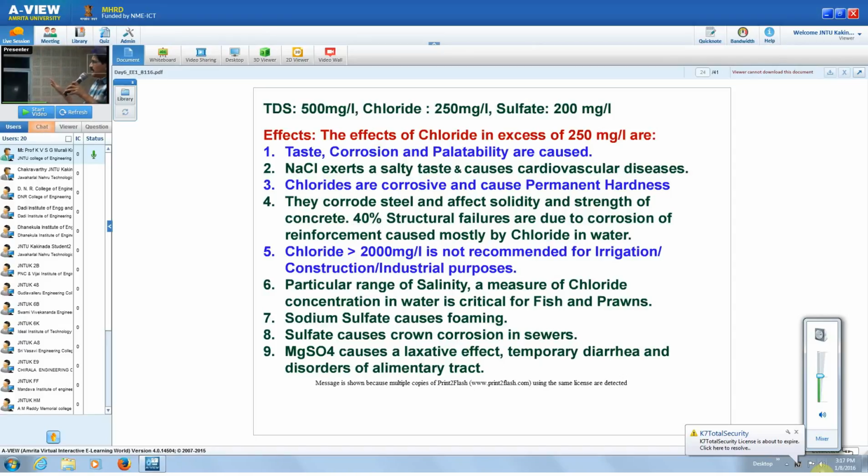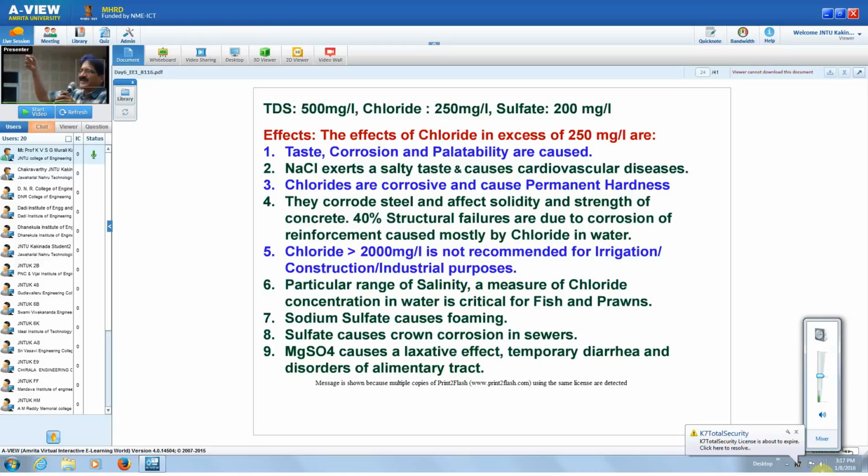We all know that concrete is not 100% impervious. That means water will gradually, maybe very slowly, percolate. What happens if it contains chloride?